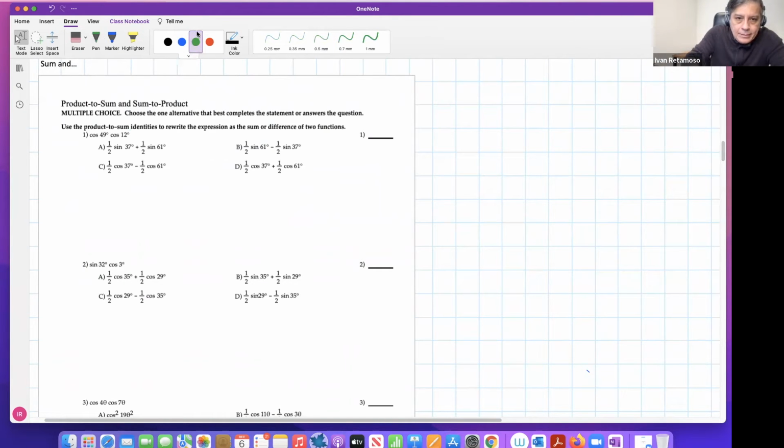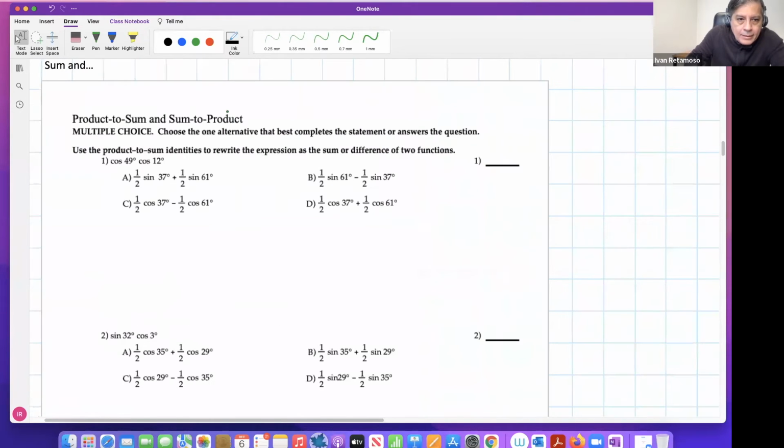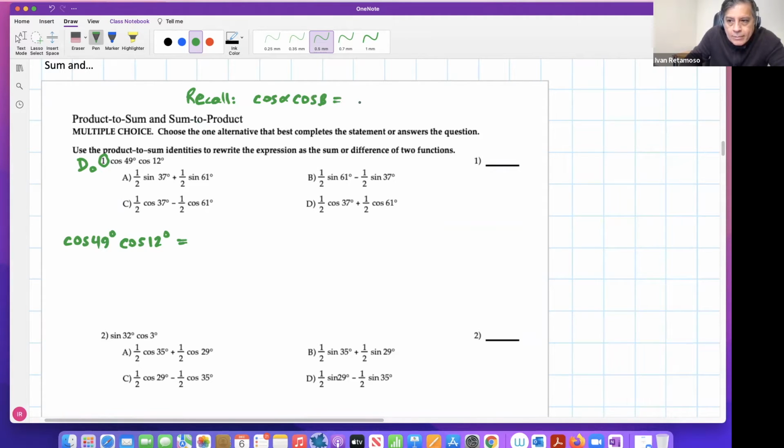Number 1 here. Let me make it a little bit bigger. Number 1, do this. Turn this multiplication, cosine of 49 degrees times cosine of 12 degrees, into a sum. And for that, recall, I'm going to remind you about the formula that cosine of alpha multiplied by cosine of beta is equal to 1/2 of cosine of alpha minus beta, this is in our sheet of formulas, plus cosine of alpha plus beta.